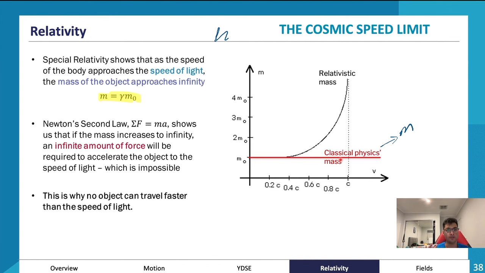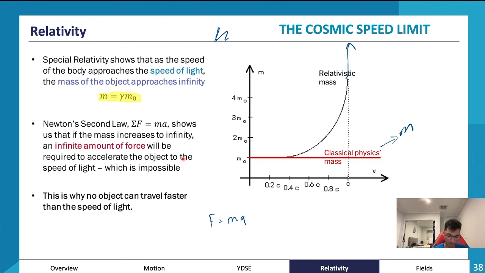So when it comes to comparing relativistic to classical physics, as you approach the speed of light, your relativistic mass approaches infinity. And because it's approaching infinity, your mass is really, really heavy, and we know force is equal to ma.